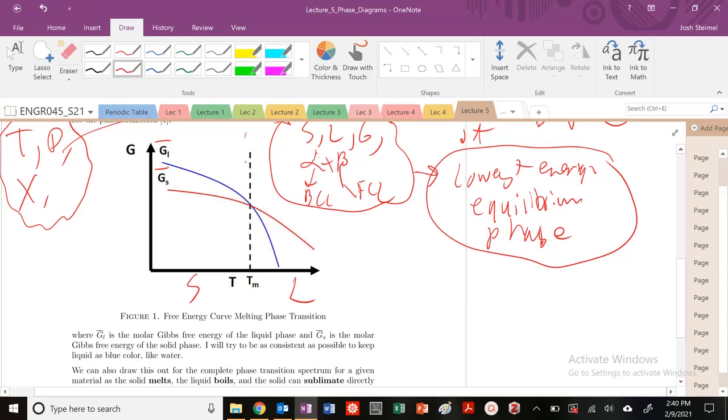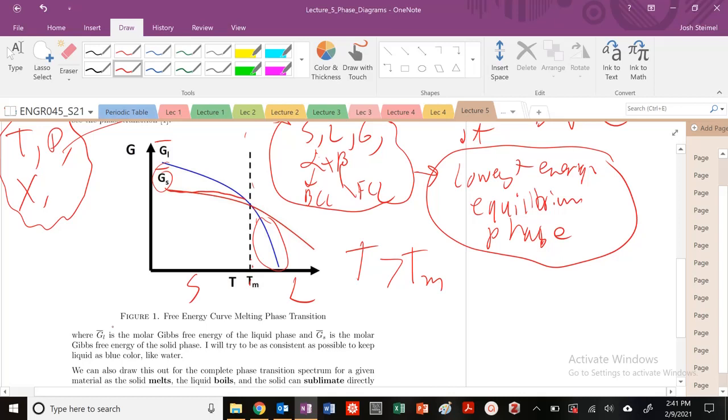Let's look, before our melting temperature, what phase are we in? We are in the solid phase, lowest free energy, right? But as we increase our temperature, what happens? We get this crossover point where the thermodynamically stable state, at T greater than our melting temperature Tm, is going to be liquid.